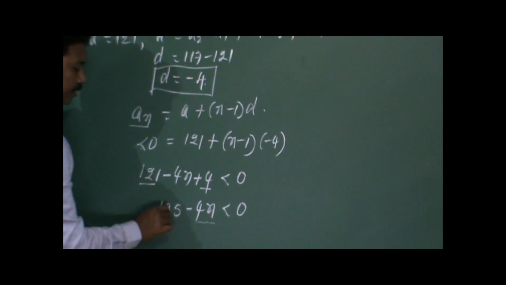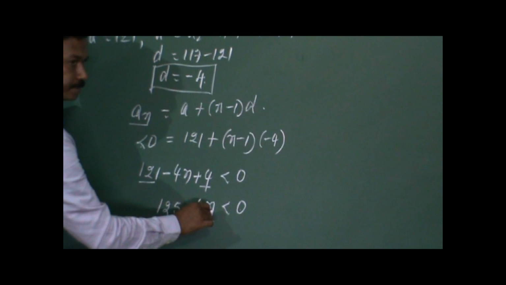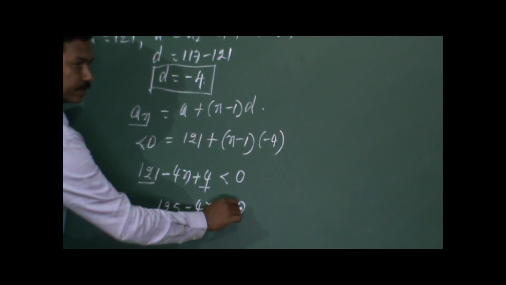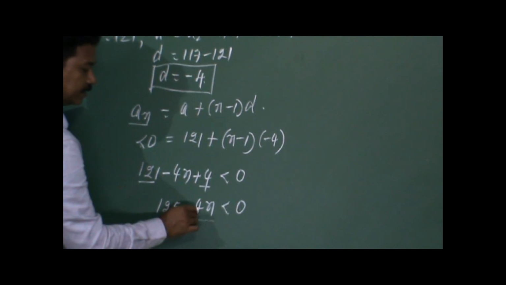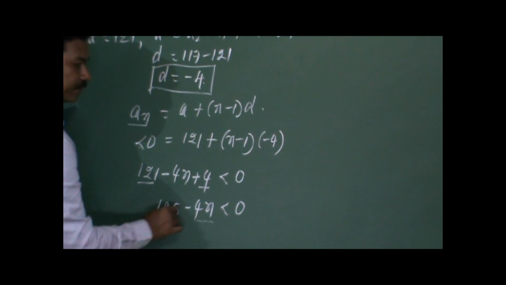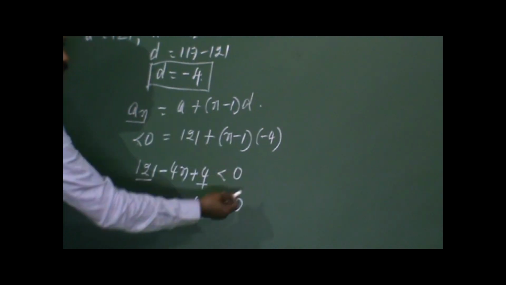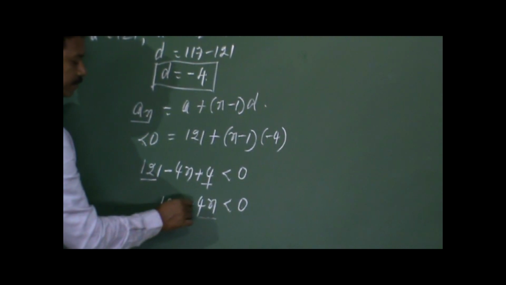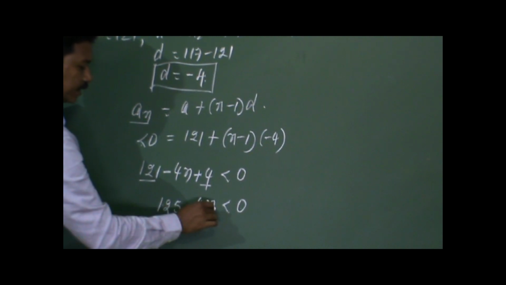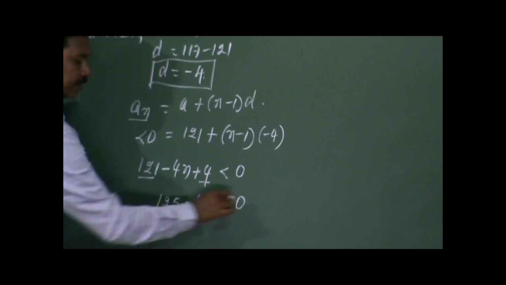In the sense, this 4n is greater than 125. 125 minus 4n is less than 0 means that when you subtract 4n from 125, the value you get is less than 0.